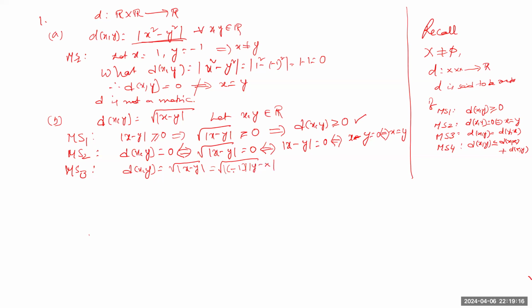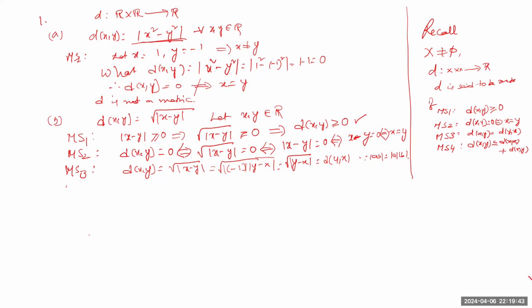I just took the minus 1 as common. I am using the property that the modulus of AB equals mod A times mod B. So that is the square root of the modulus of y minus x, which is d(y, x). So the third property, symmetry, is also satisfied.